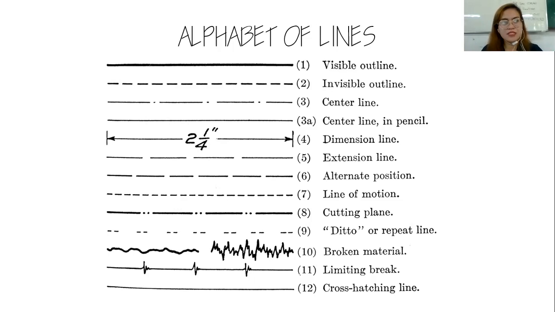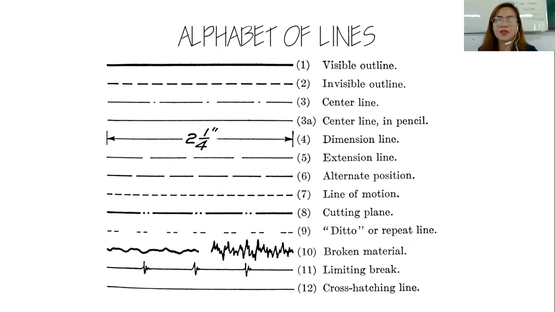Like if it's 0.1, it's gonna be thin, right? And if it's 0.3, it's medium, 0.5 thick. So at least there's still a difference of the three different types of line weights.